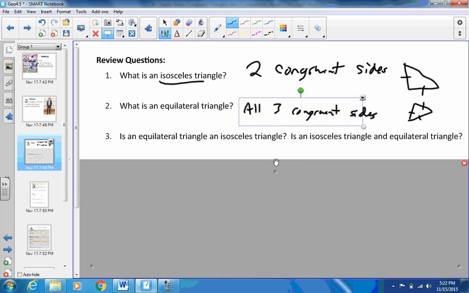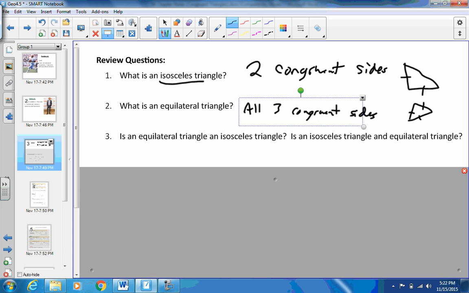Well, to that first question, you could say technically yes, because an isosceles triangle just has to have two sides congruent. Unless you can find a definition where it says only two sides congruent, then I'll have to look at that. An equilateral triangle is considered isosceles because it has two congruent sides, but an isosceles triangle would not be considered an equilateral because an isosceles triangle does not have all three sides congruent like an equilateral triangle has to.